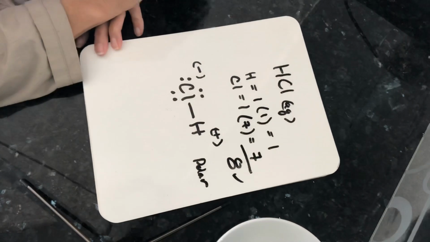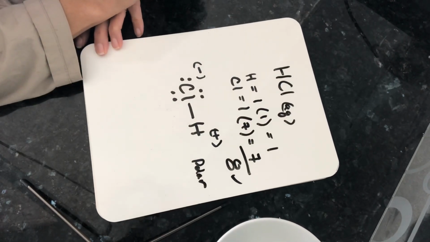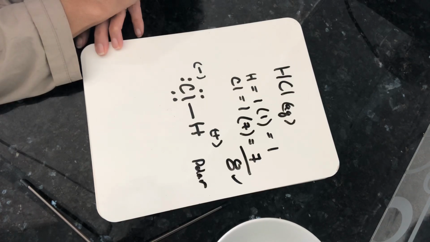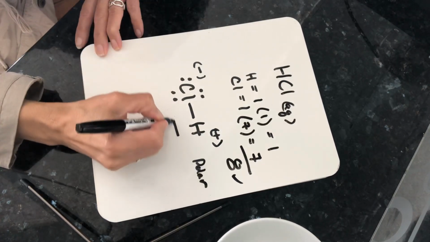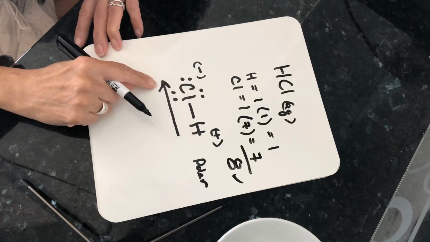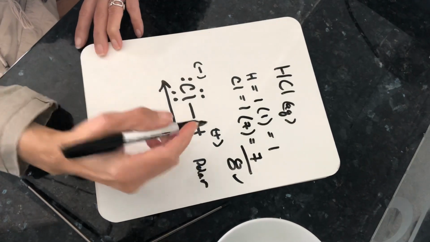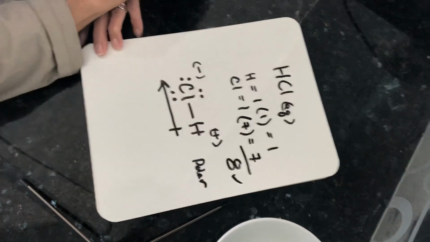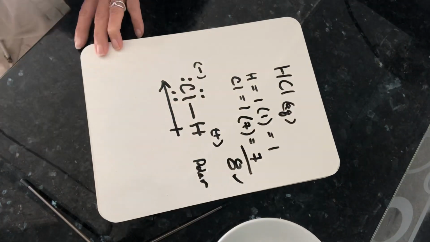And to show that it's polar, we're going to draw something called a dipole, which is just a line with an arrow, and the arrow points in the direction of the bully, or the more electronegative element. So if we draw the dipole, the arrow is going to be in this direction towards the chlorine, and then we'll put a little positive tail here to represent the positive area.